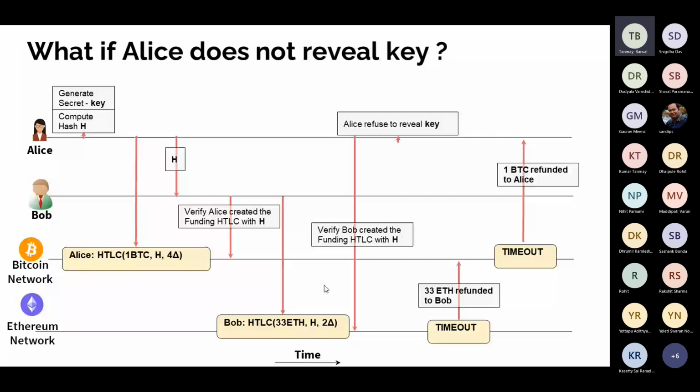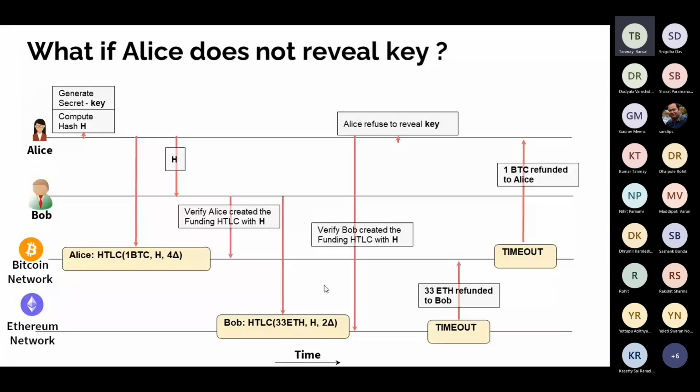Note that Alice's timeout is set after Bob's, because otherwise, say Alice timed out first, after Bob created the transaction, you see Bob HTLC 33 ether H sum 2 delta. Then if Alice times out, Alice would get back her own 1 Bitcoin, and Bob has already committed the transaction.